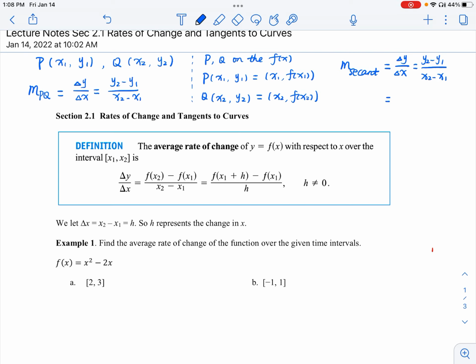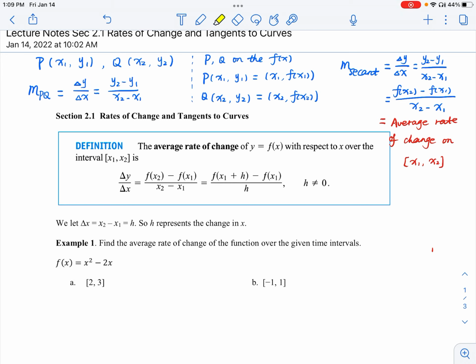If you write in function notation, that will be f(x2) minus f(x1) divided by x2 minus x1. This is also the same as the average rate of change on the interval x1, x2.